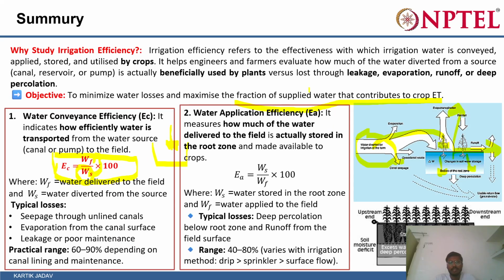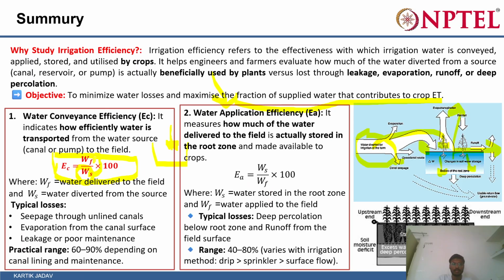Then the second efficiency is the water application efficiency. Once we have water at our farm, we measure how much of the water delivered to the field is actually stored in the roots. It is basically the ratio of the amount of water stored in the root zone to the amount of water delivered to the field.